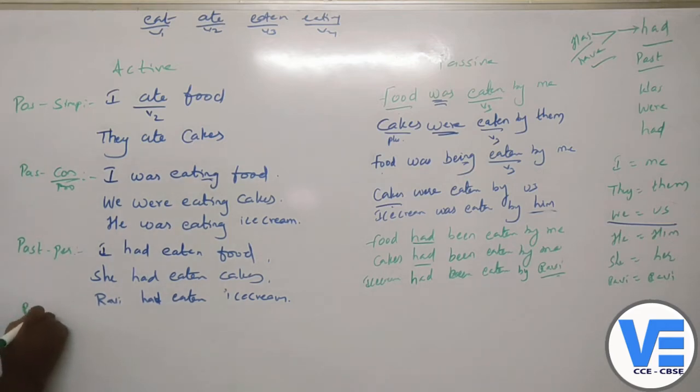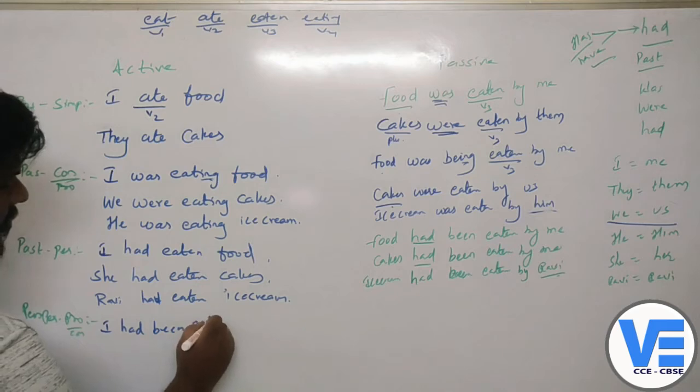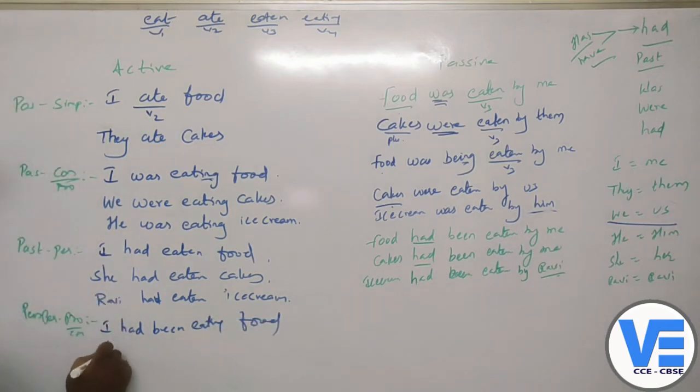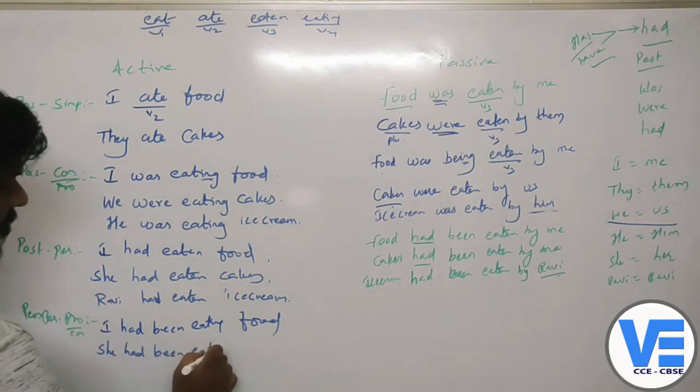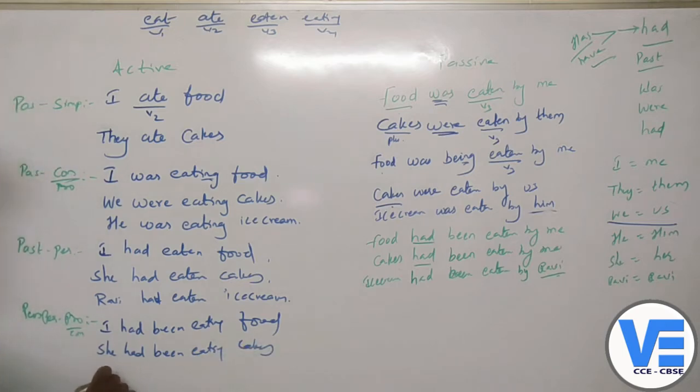That is the past perfect progressive or continuous. So what is that? I had been eating food, or she had been eating cakes.